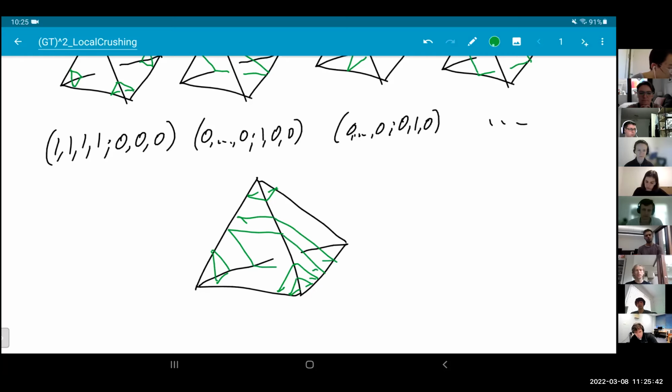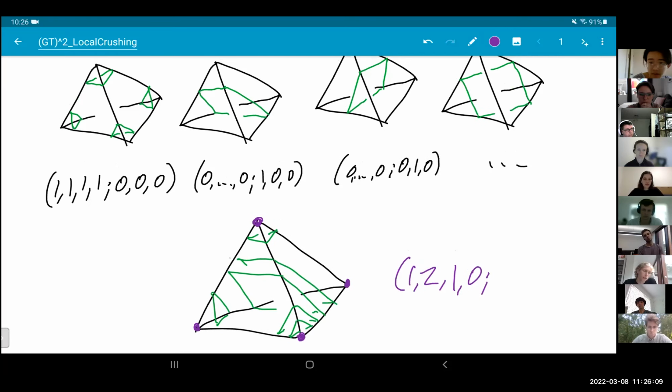What this would look like in coordinates is you've got 1 triangle that cuts off that vertex, 2 triangles that cut off this vertex, 1 triangle that cuts off the vertex on the left. For the vertex on the right, there are 0 triangles. And then the quadrilaterals, these 2 quadrilaterals are of this type. So I have 2, 0, 0. So there's a natural way to give coordinates to these things.